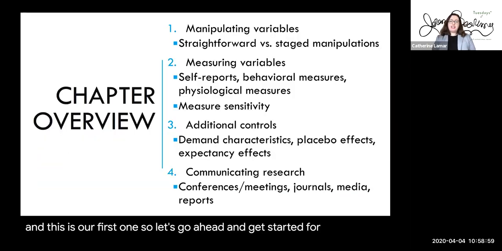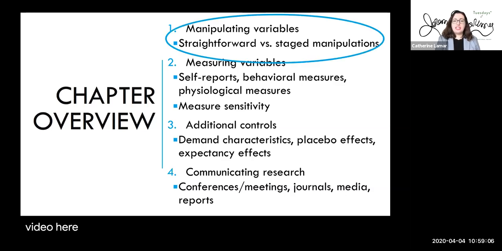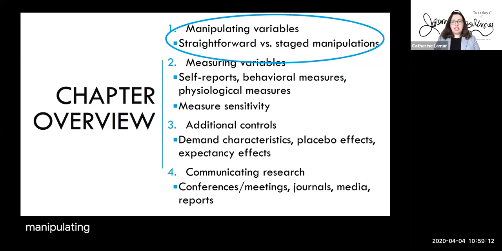For Chapter 9, I've divided this chapter into 4 different components. This first video is going to tackle the first component, which is all about manipulating variables. When we think about manipulating variables, keep in mind, we always manipulate what variable? The independent variable, which is why it's called an independent variable.